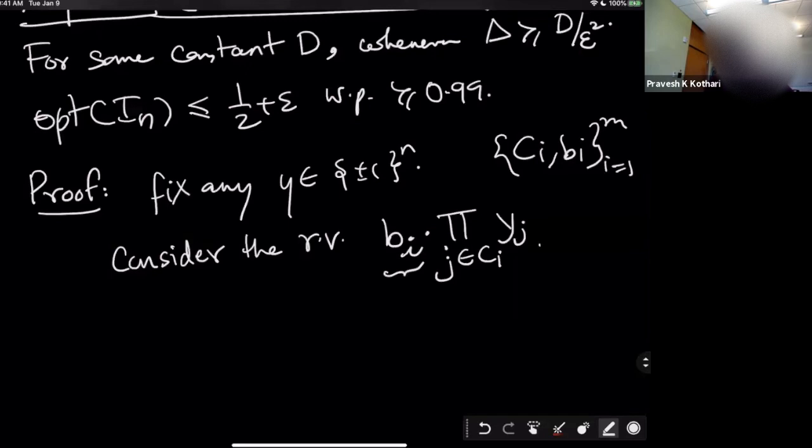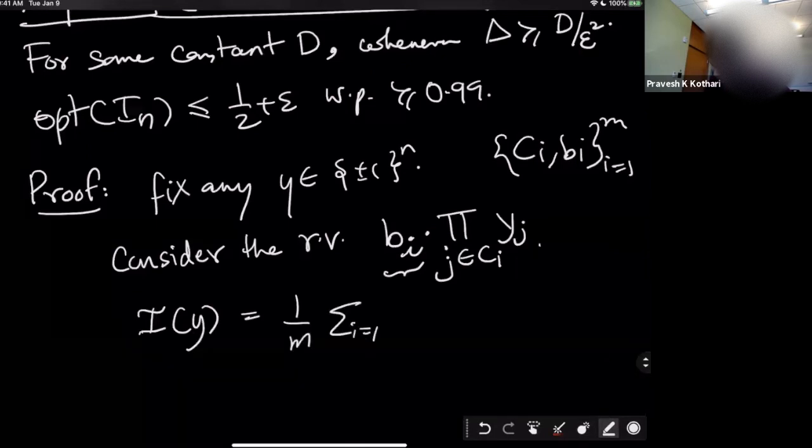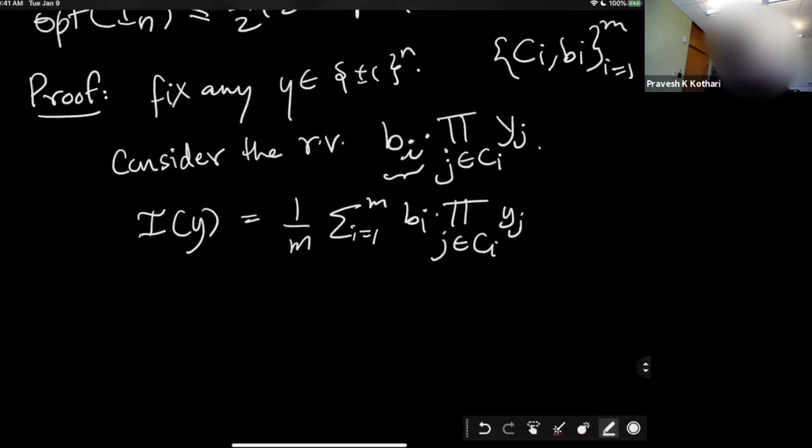Okay, and I'm going to look at this I of y polynomial that we defined earlier. I of y was simply the average of these polynomials for each constraint. So what's the expectation over the choice of b's of I of y? Well, we discussed this before. Each b_i is a uniformly random variable in plus minus 1.